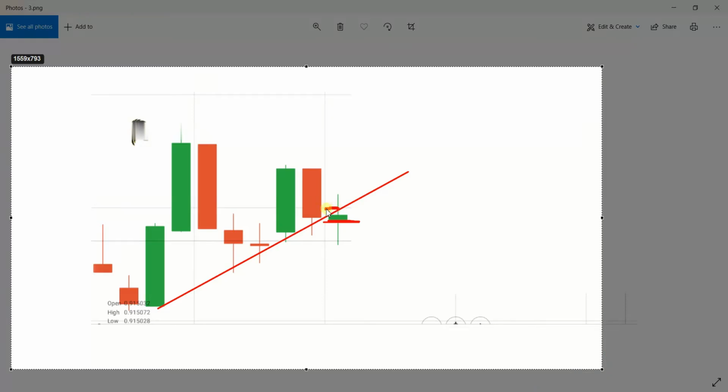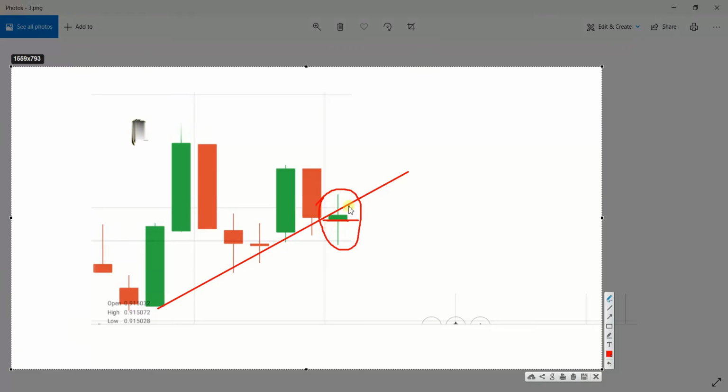If the candle opened here, like this, now we could go with the buyers. But you can see there is a gap here. The candle opened with a gap below the level, and now we cannot trust this level.